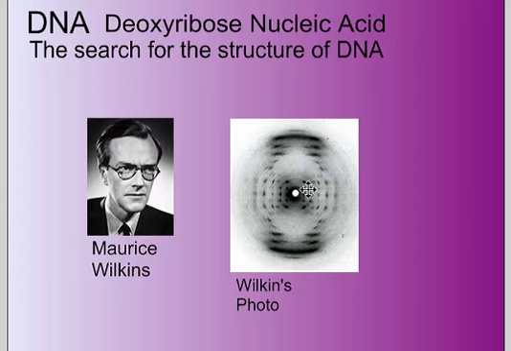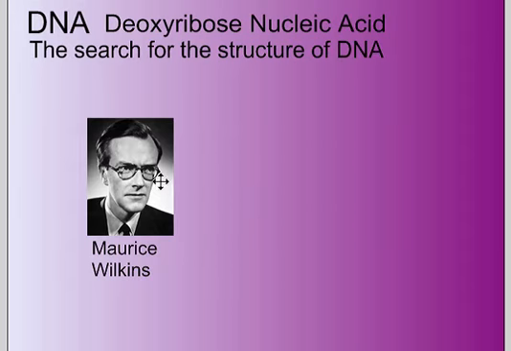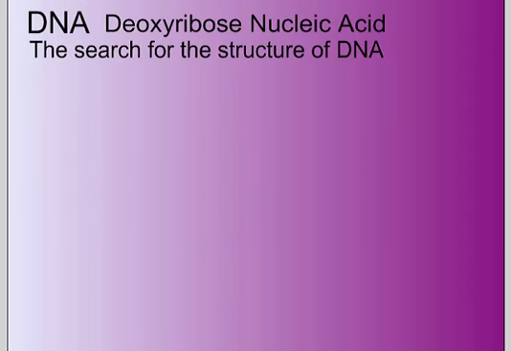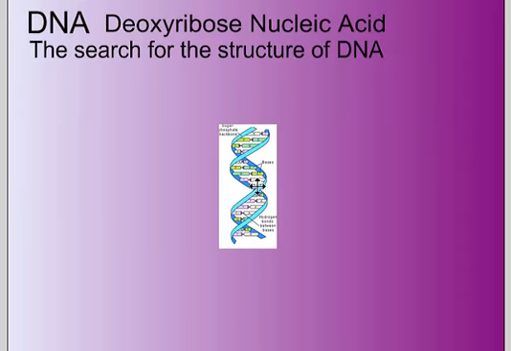Now, let me show you how they did this, because this isn't just a regular old picture. It's not like they whipped out their iPhone and took a picture of this. What they do is they start with the object, in this case DNA. And here they have this camera. It's not really a camera. They have this device that shoots X-rays.